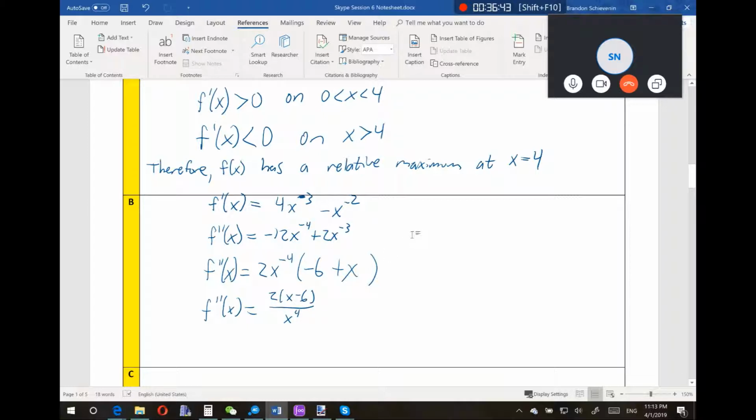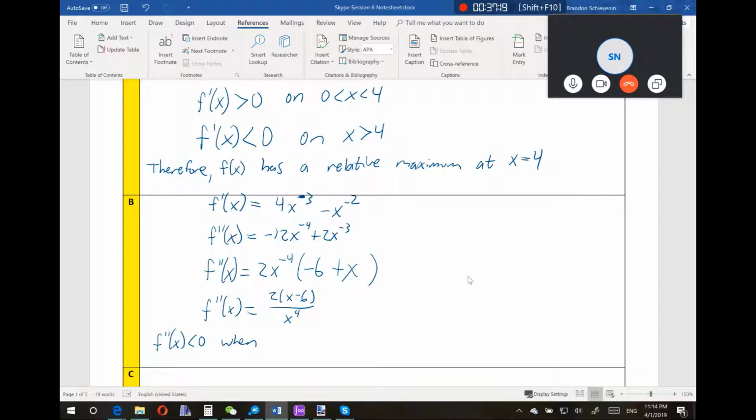Okay, so what value would make this equal to 0? Positive 6. And then we need to figure out when this is concave down, so what values will make this negative? x that is less than 6. Perfect.